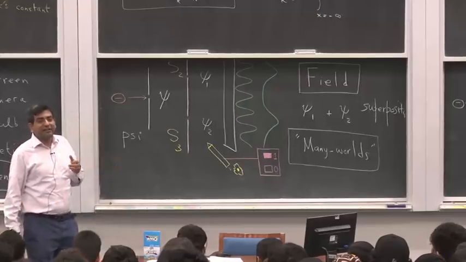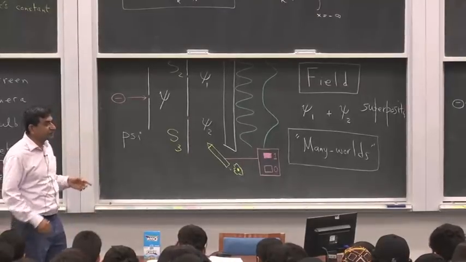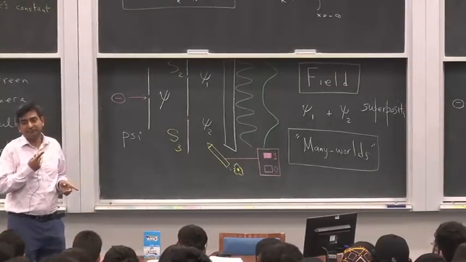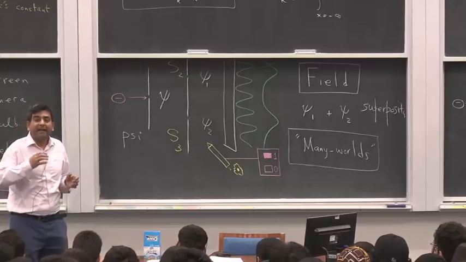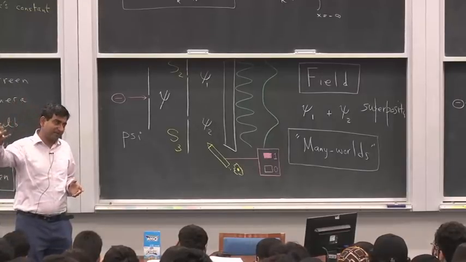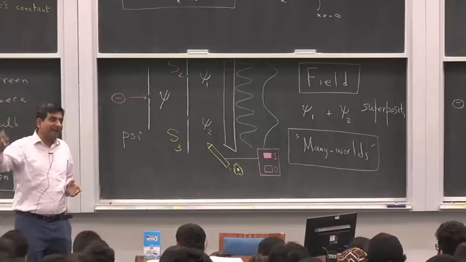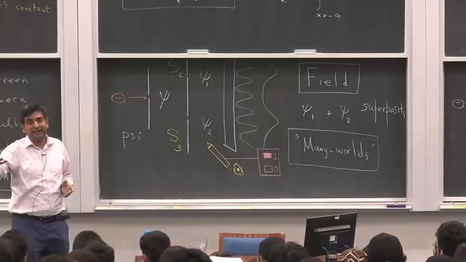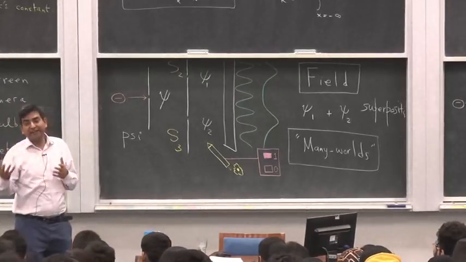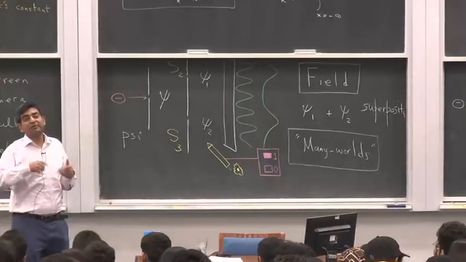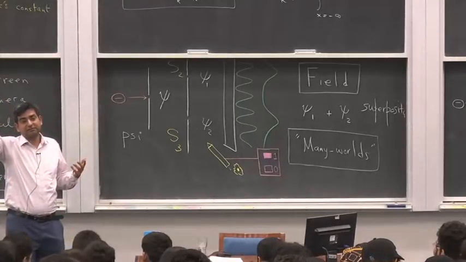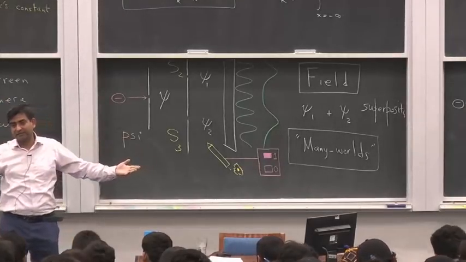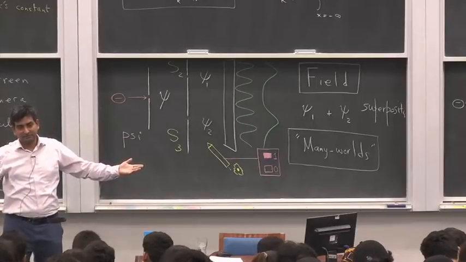The other interpretation is that if the telescope sees a flash, then another universe is created. Another world is created in which everything is similar, but the telescope doesn't see a flash in that universe. A new world is created. Alright?